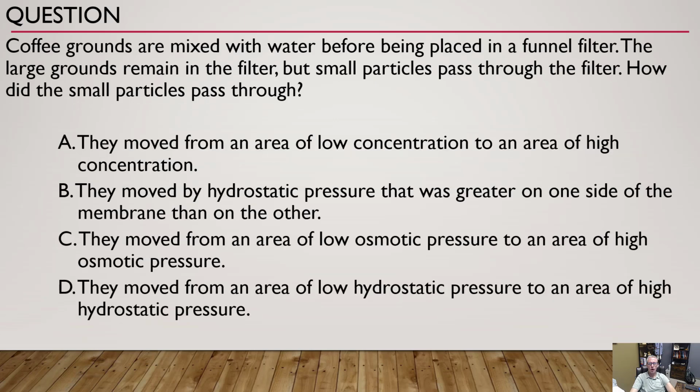Coffee grounds are mixed with water before being placed in a funnel filter. So we're thinking of filtration. The large grounds remained in the filter, but small particles passed through the filter. How did the small particles pass through? They move from an area of low concentration to an area of high concentration? Absolutely not. That would be an active process which requires ATP. They moved by hydrostatic pressure that was greater on one side of the membrane than the other.